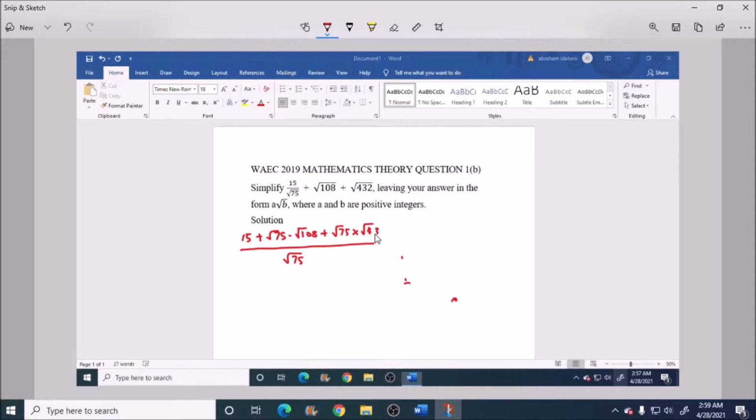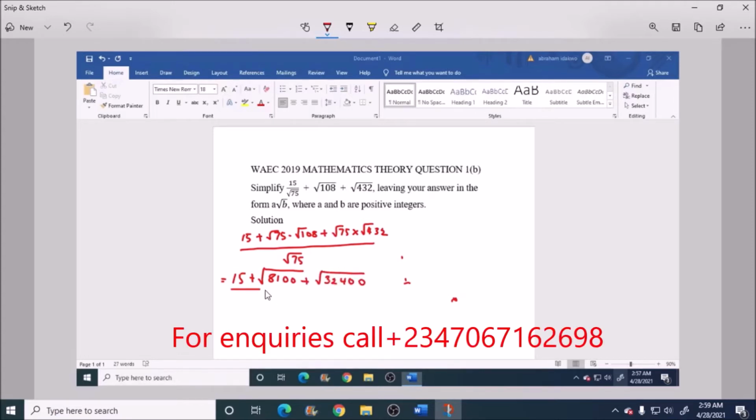So this will give us 15 plus, if you multiply this together, you have 8100 plus, if you multiply this together also, you have 32400. Everything over, of course this is the root of 25 times 3.